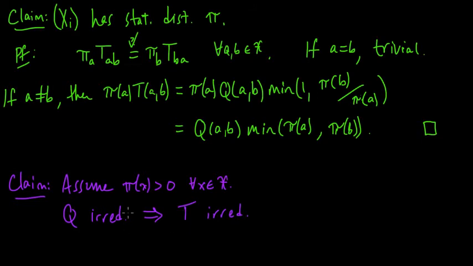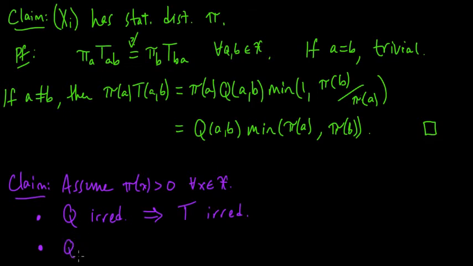So irreducibility does not depend on the initial distribution of the Markov chain. It only depends on the transition matrix. That's for a time homogeneous Markov chain. So if you want this Markov chain Xi that we constructed to be irreducible, then it's enough for you to check that the proposal matrix Q that you chose is irreducible, that any Markov chain with transition matrix Q is irreducible.